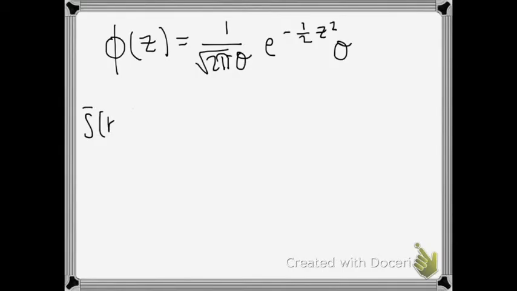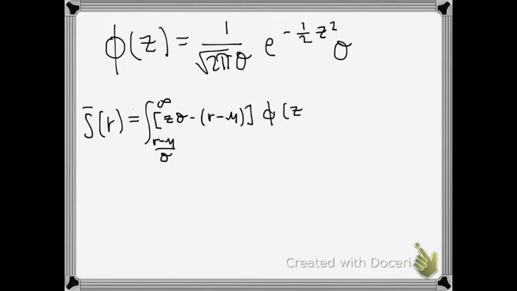The equation for the expected shortages per cycle can then be written as the integral from (r minus mu) over sigma to infinity of (z sigma minus (r minus mu)) phi of z dz.